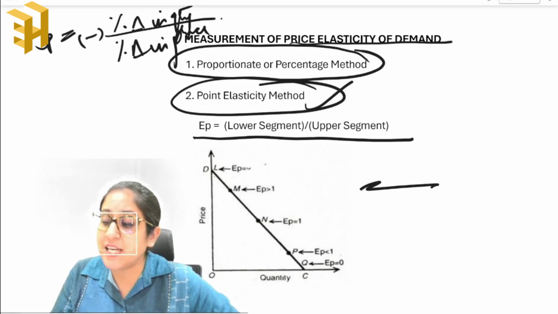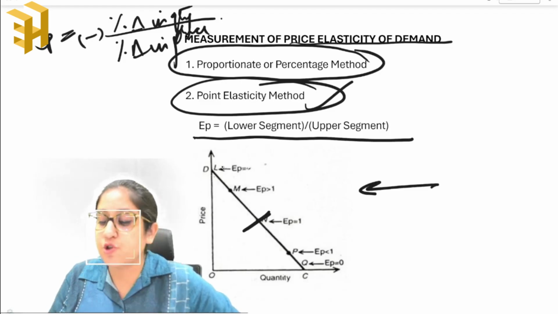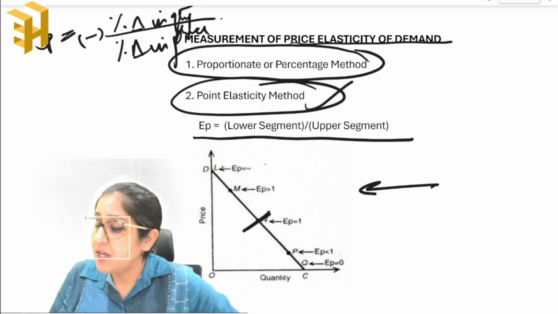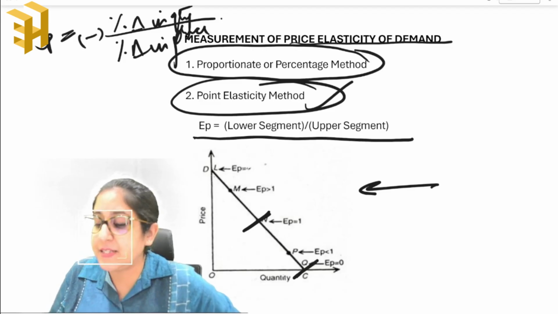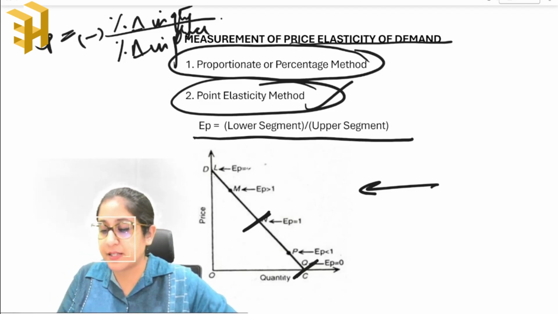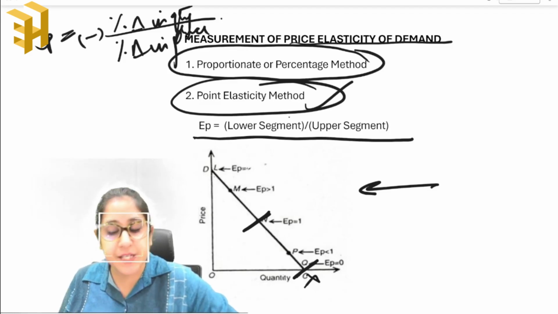Now when you see this graph, you can see that the midpoint shows price elasticity equal to 1. The lowest point, that is C, shows price elasticity equal to 0 because there is nothing beyond this. So numerator becomes 0.